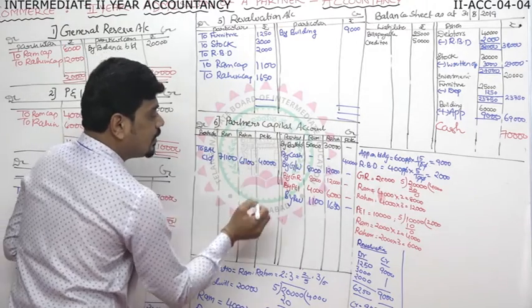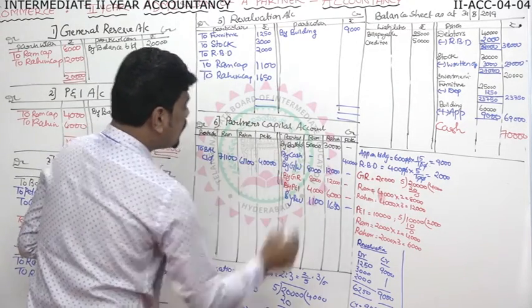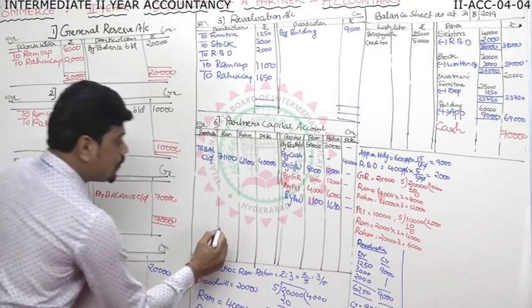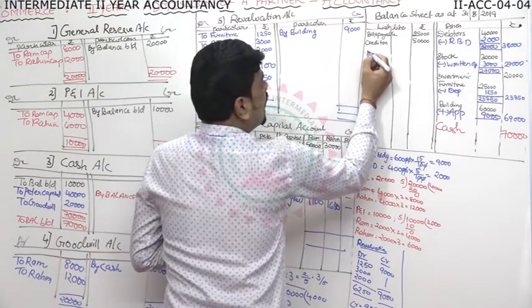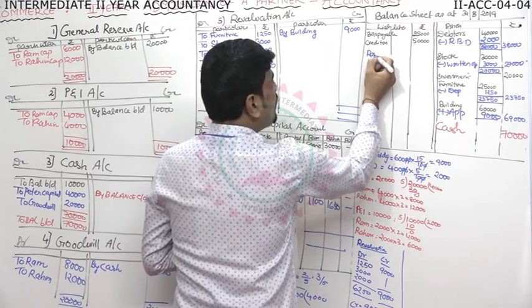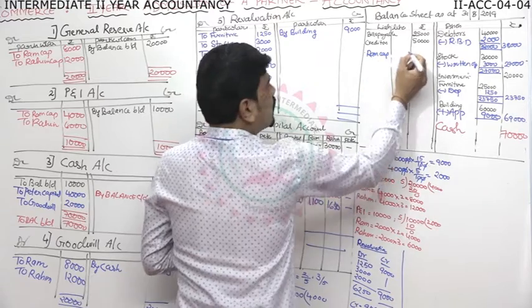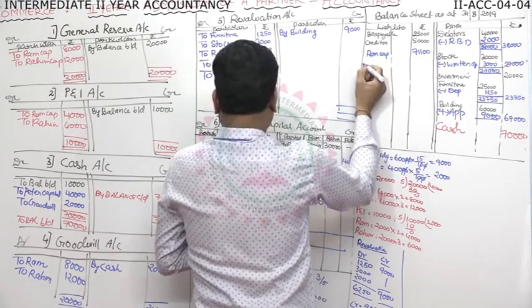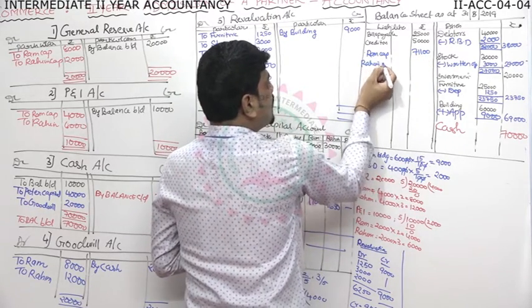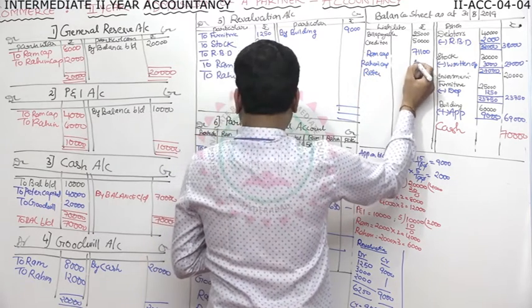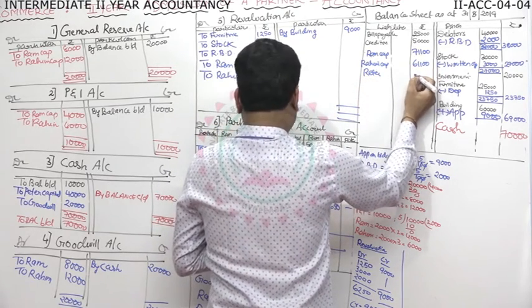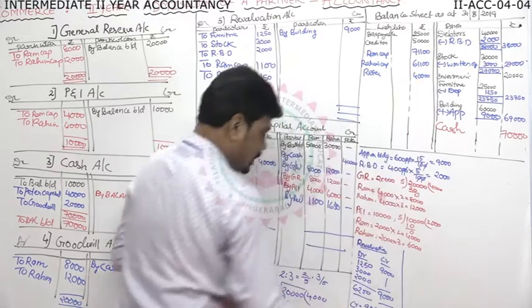So Ram capital 71,100, Rahim capital 61,100 and Peter capital 40,000.